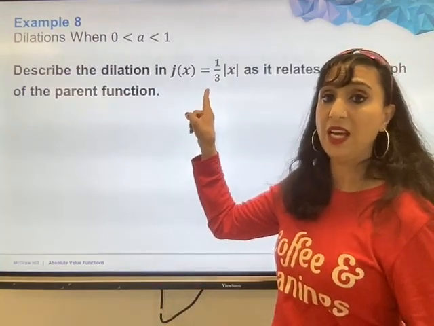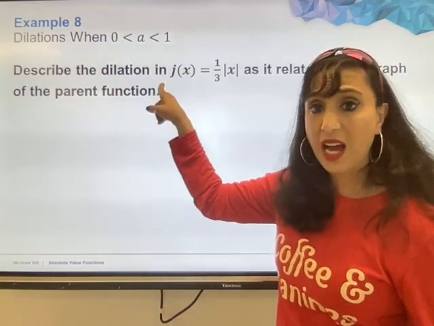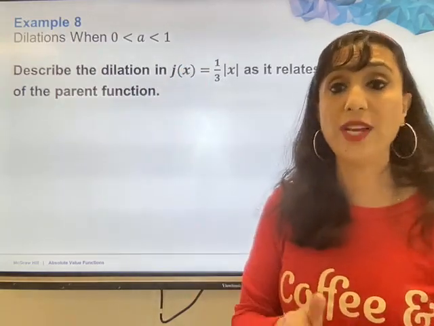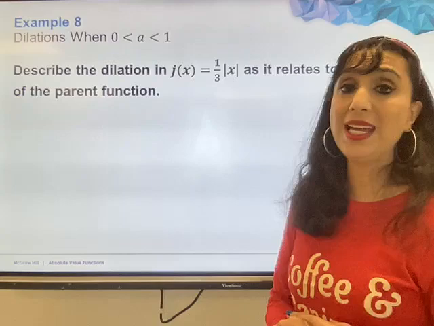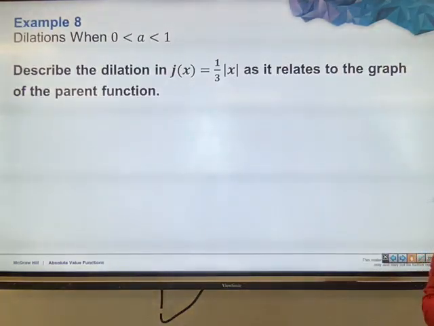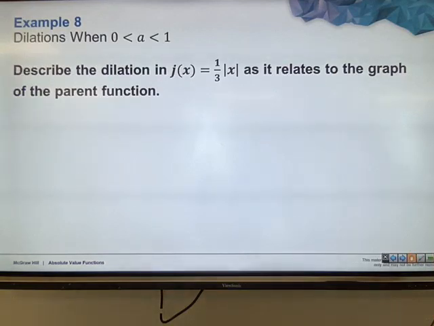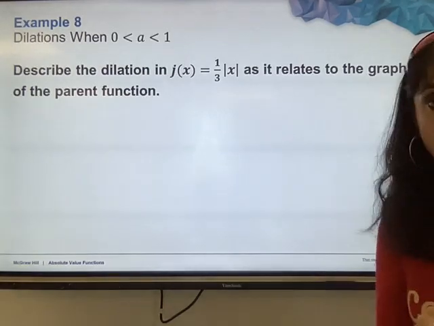Since the A is on the outside, I know that this is going to be a vertical dilation. And since the number 1/3 is greater than 0 but less than 1, this is going to be a vertical compression.